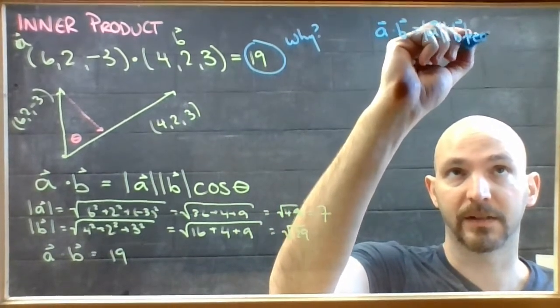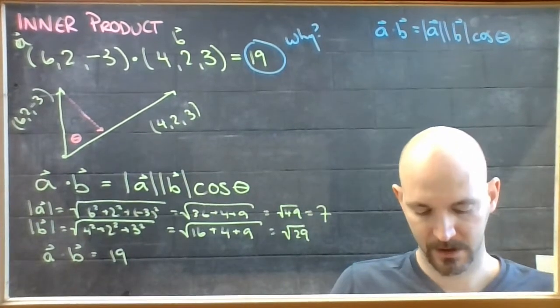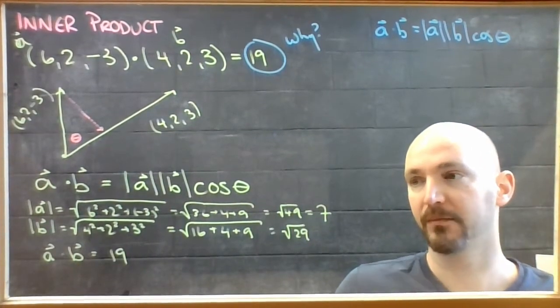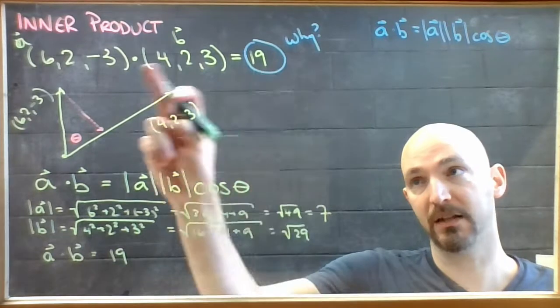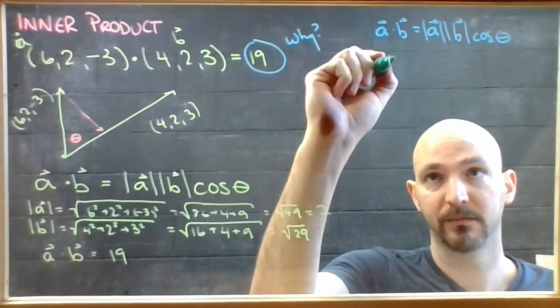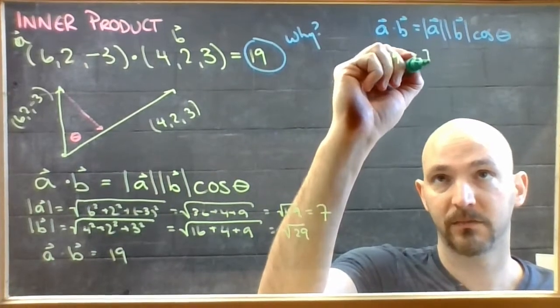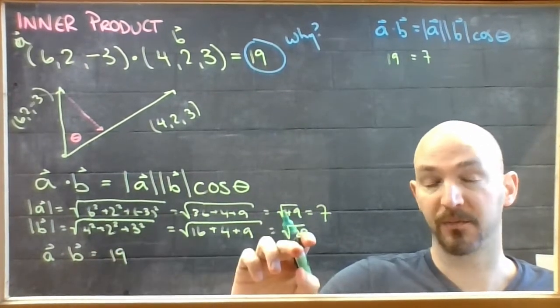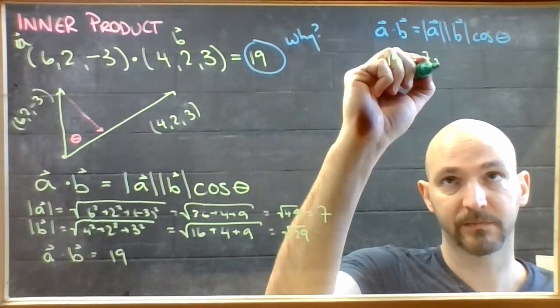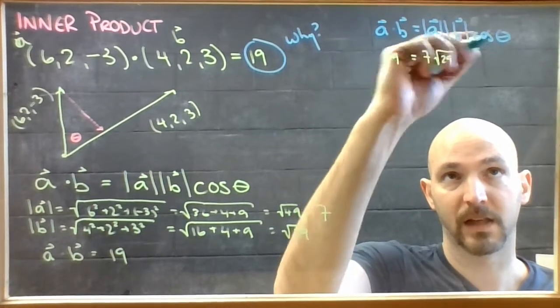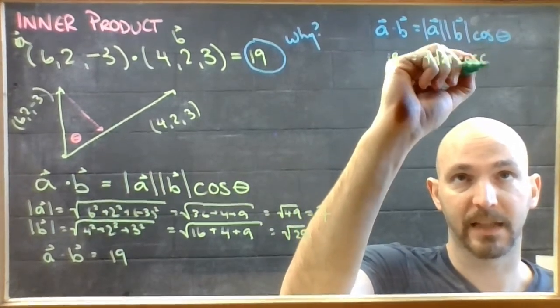I'll write it down there for you. Okay, so A dot B was 19. Magnitude of A was 7. Magnitude of B is root 29. And cos theta is the thing I don't have.